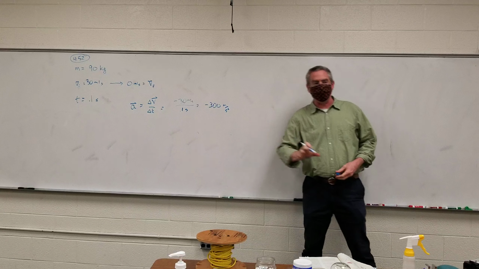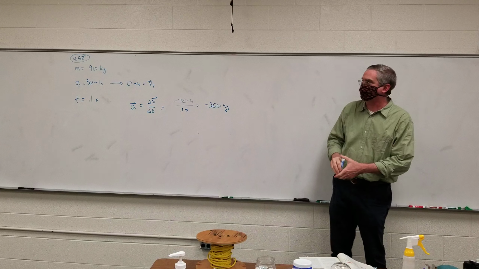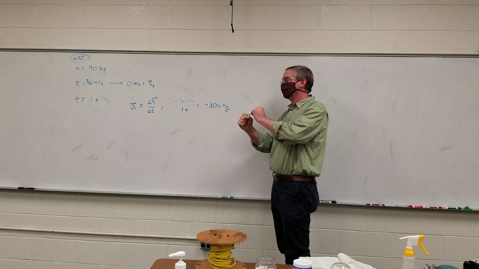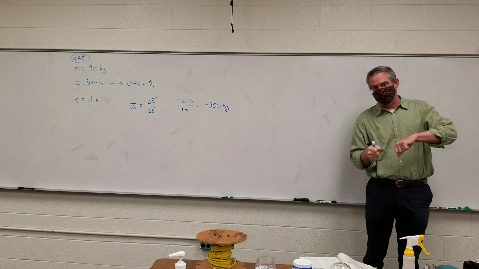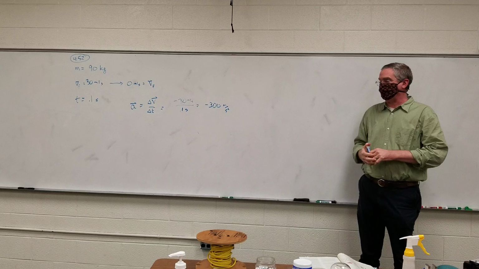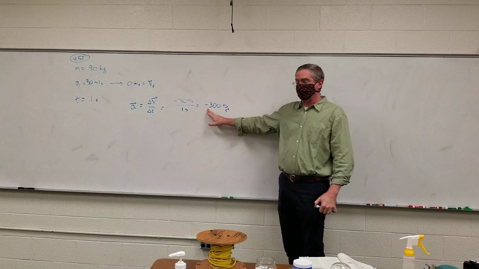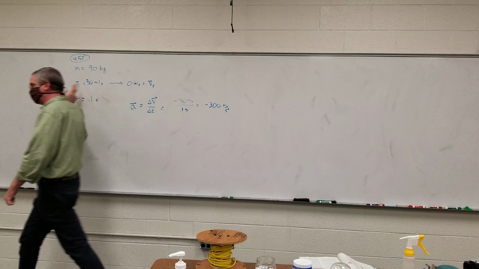So that's his acceleration. Now the question asks for deceleration. In this particular case, he is slowing down. It is a negative acceleration because I made his initial velocity positive.